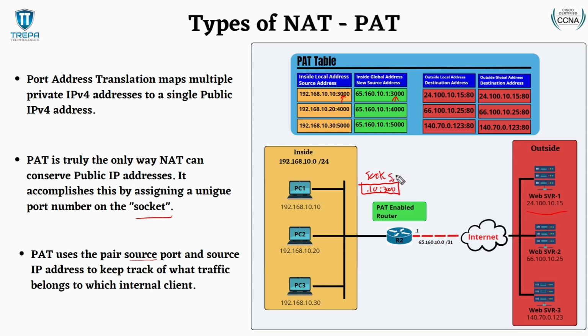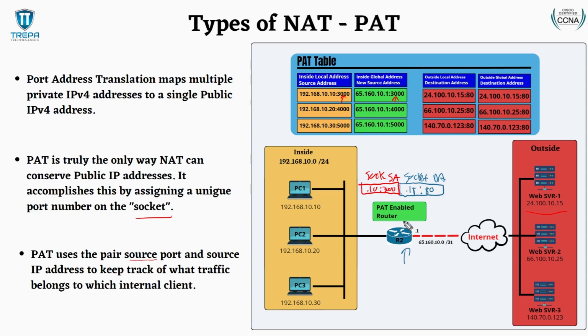And this is going to be the source address. Then let me change my color here. And then our destination address or socket destination address is going to be our outside local address. So .15:80.